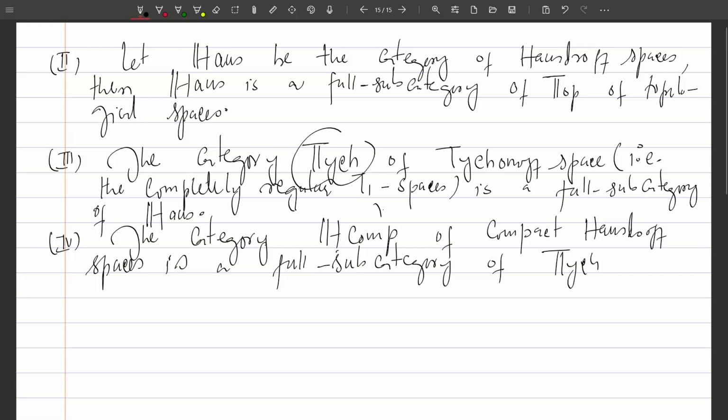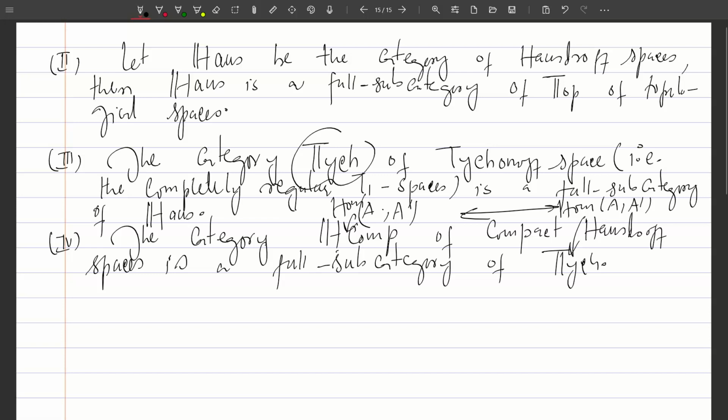However, if we take two objects A and A prime, the morphism set between these two objects in this category is the same as the morphism set between the same objects in this category. So they are exactly the same, and HCOM is a full subcategory of TYCH.